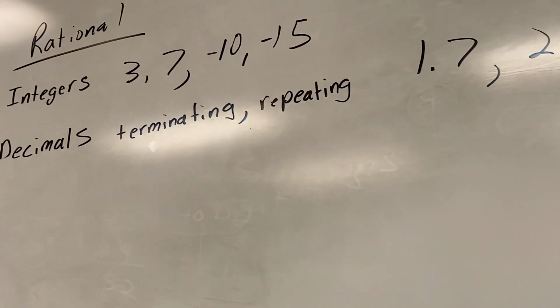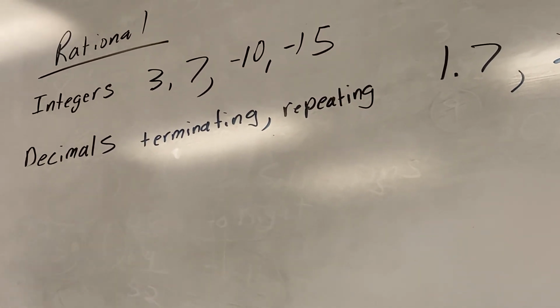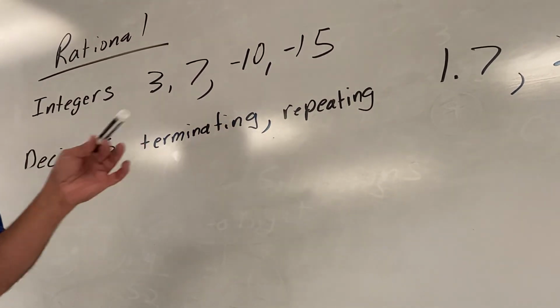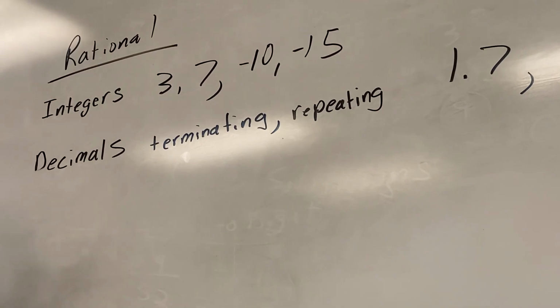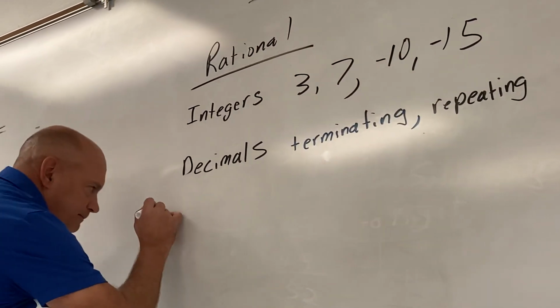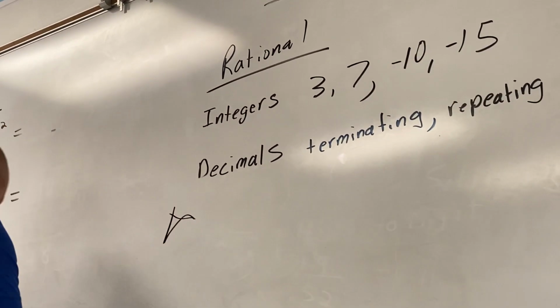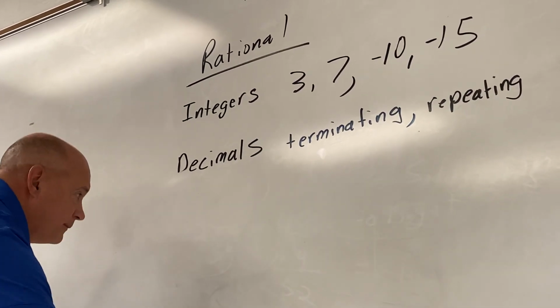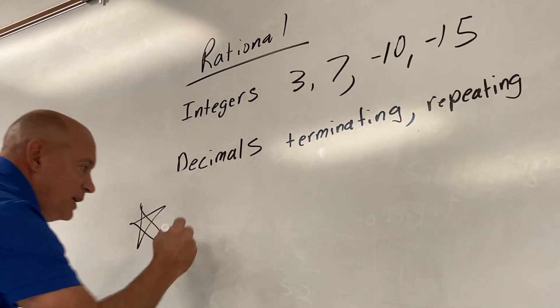Fractions. Fractions, thank you. That's the most important part of a rational number. That is by far the best definition. Put a star by this one. Ooh, that's an ugly star. Try again, Murphree. There we go.